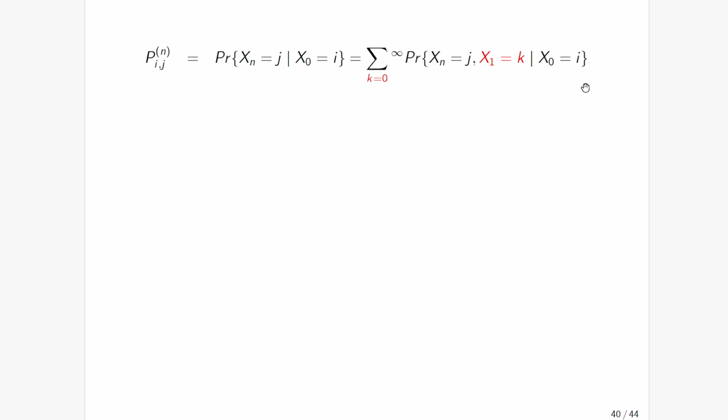And so this first equation here is a first step equation of the probabilities. We can decompose the process of going from state i to j in n steps as going from state i to each state k in step 1, and then going from state k to j in n minus 1 steps.